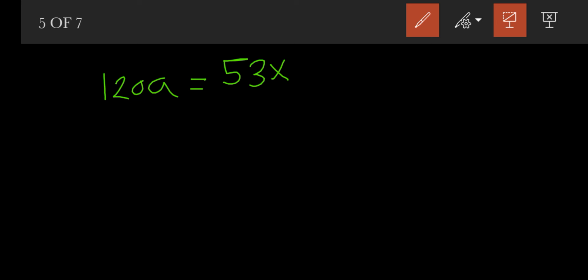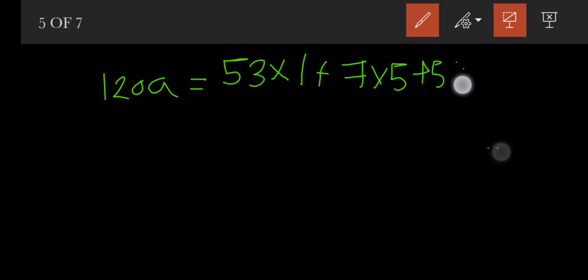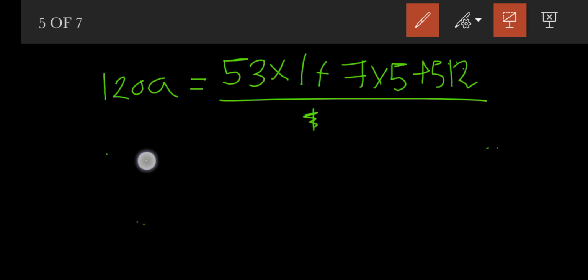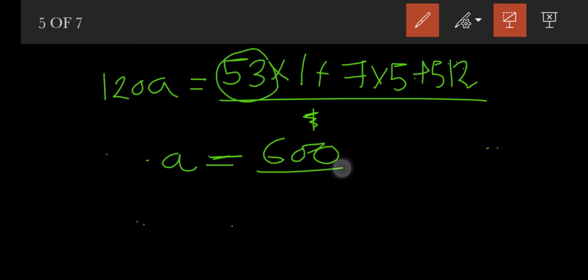So 53 plus 35 plus 512, this sum will be equal to 600, and 600 divided by 120 is 5. So a should be equal to 5.